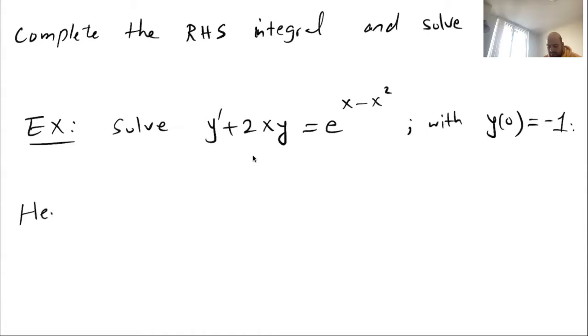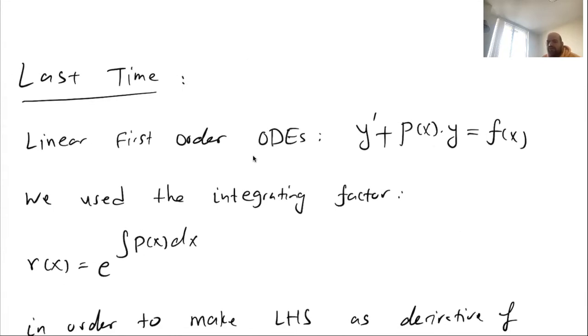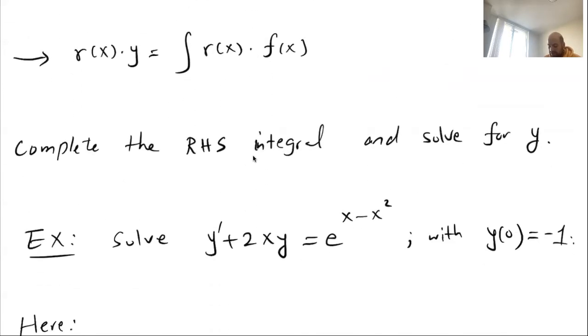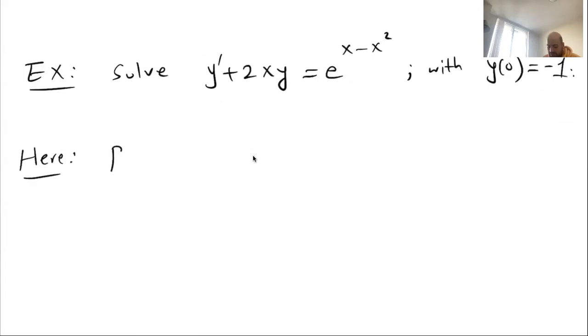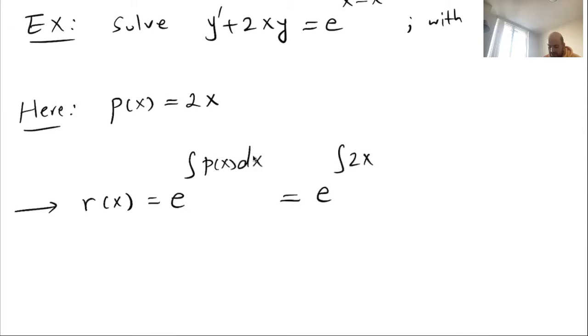So here, if we compare it with the general form y prime plus p of x times y equals f of x, p of x is 2x. So r of x, the integrating factor, is e to power integral p of x dx, which is e to power integral 2x dx, which is e to power x squared.